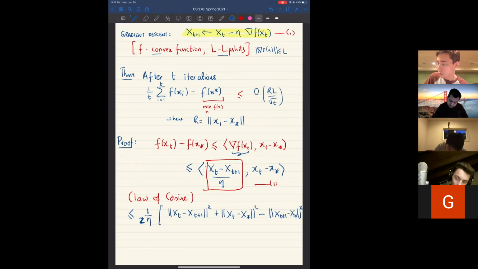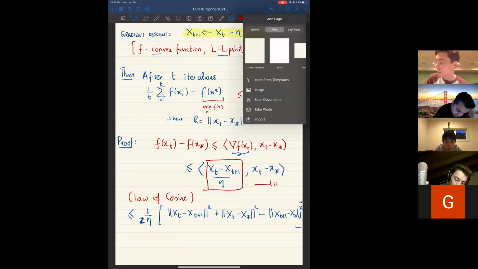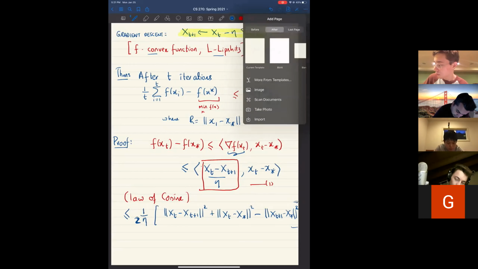Okay, just apply the law of cosine. Now this is good, because if you look at this expression, there is a telescoping happening here.